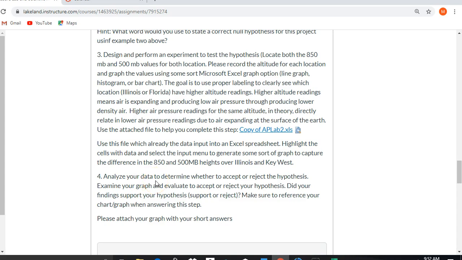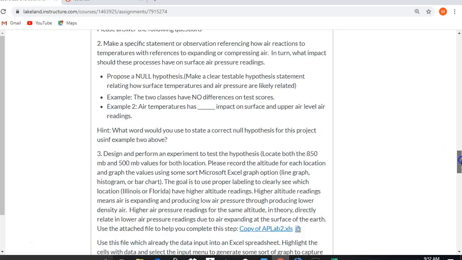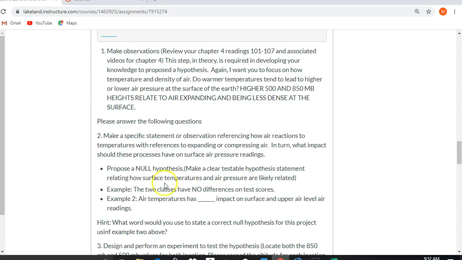Remember, your null hypothesis should have stated whether you thought there was going to be no difference, or whether you expected differences. If you recall in step 2, when you stated your null hypothesis, more than likely most of you answered that air temperature has no impact.